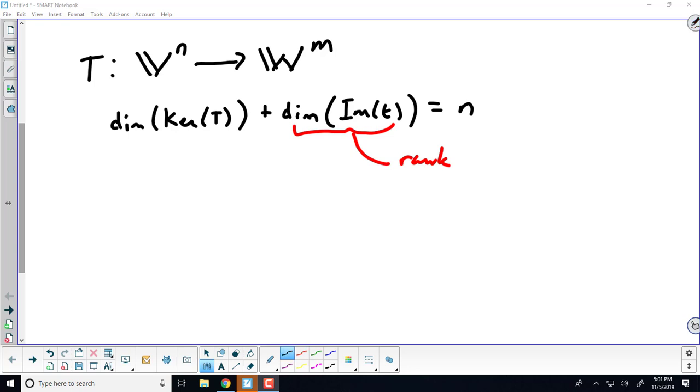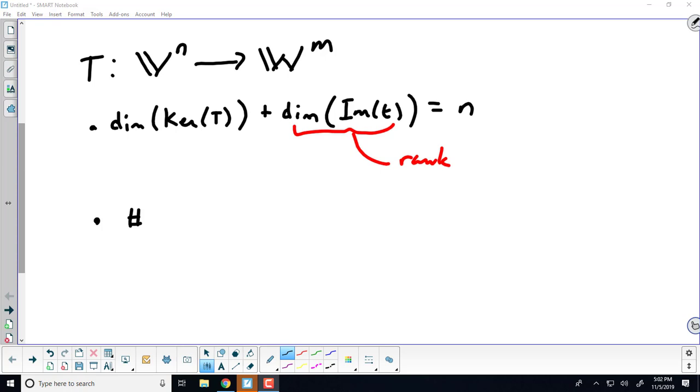So another way of saying this, and I think this is the important takeaway when you're looking at the matrix that represents the linear transformation, is that the kernel had to do with the number of free variables, specifically the columns that corresponded to free variables.